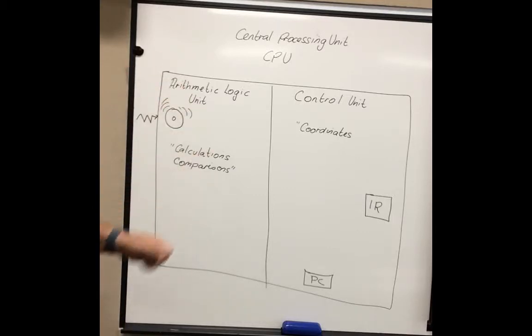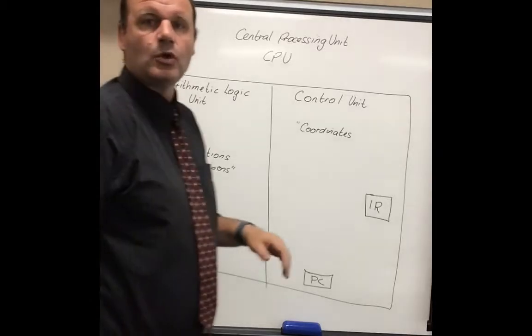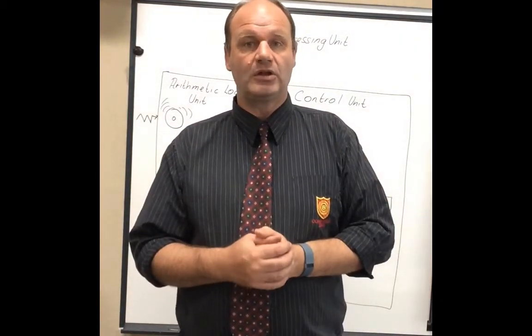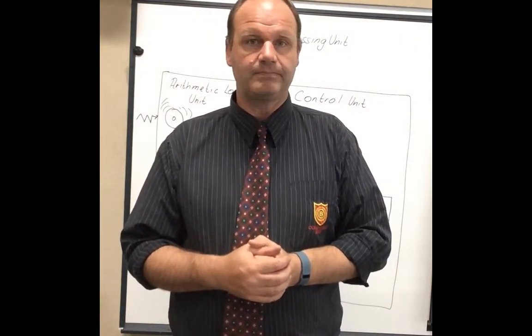It could be billions of pulses per second. But the system clock's job is to make sure that everything is working, that all the components of the computer are synchronized and are working at a regular beat. So what we have seen is that the CPU has lots and lots of different parts.